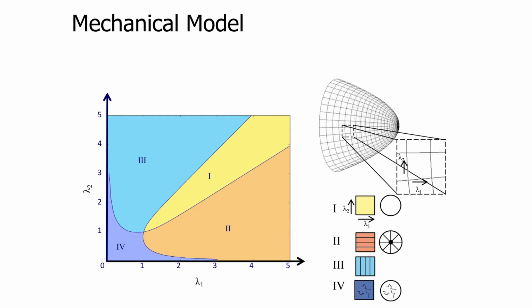So working with colleagues in Manchester and Nottingham, we generated a mechanical model that in principle explains all of the patterns that we can observe on real plant petal surfaces. And so this model just takes into account those two sets of parameters. So we have these lambda terms here and here, which are the stretch on the cell in the x-axis and the y-axis.